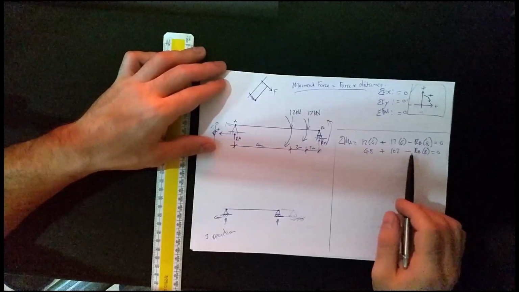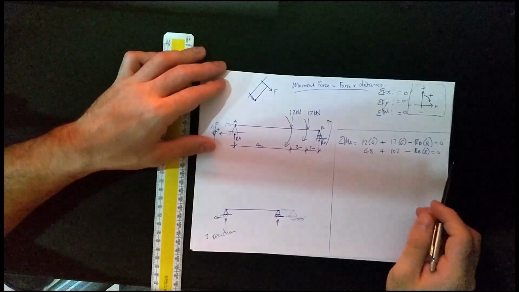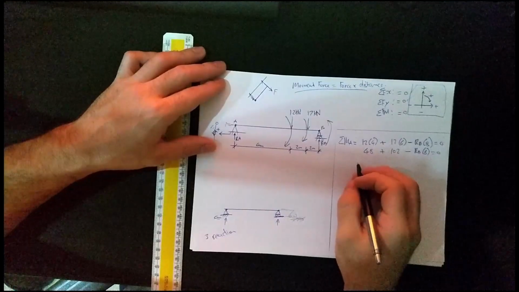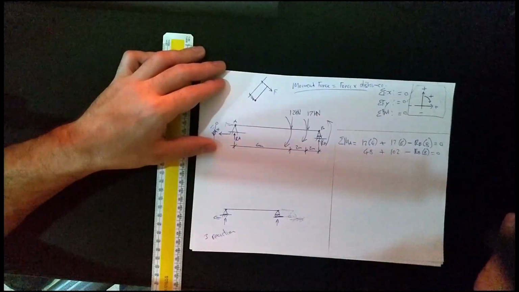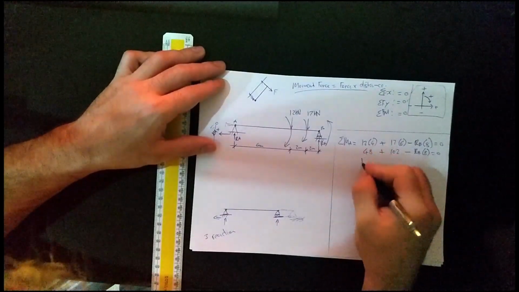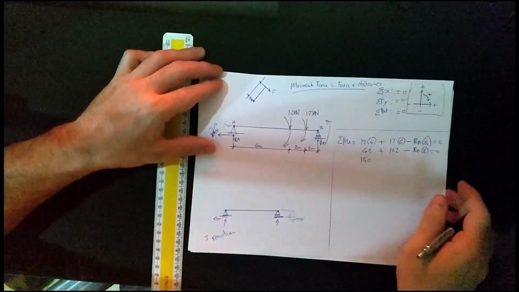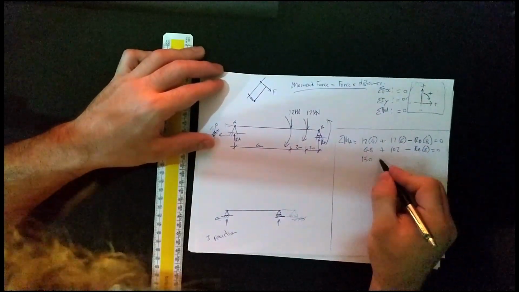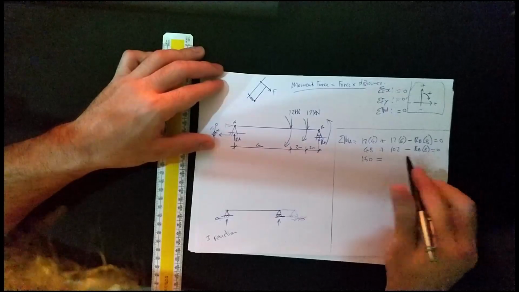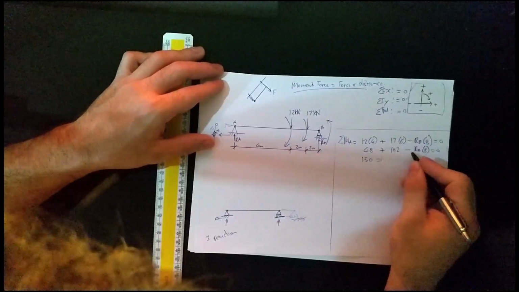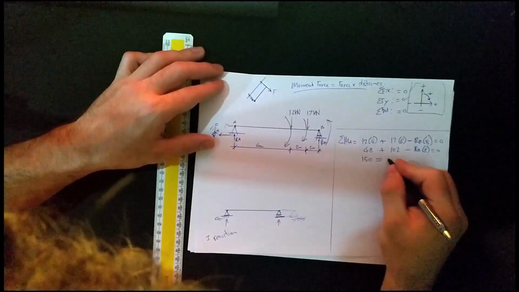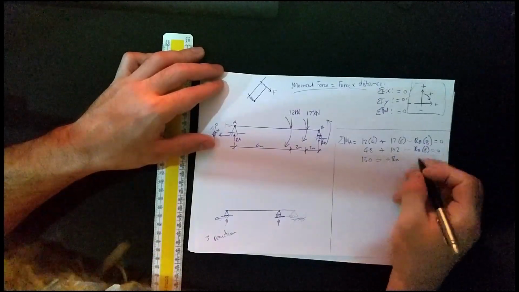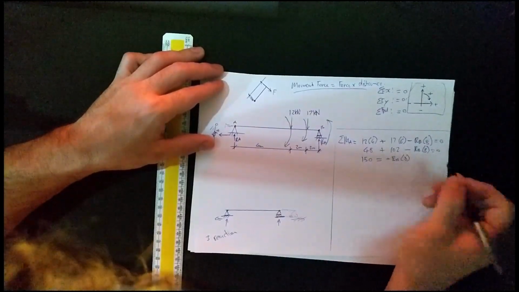Change side, change sign. So, first add these together, that comes to 150. And then we'll change the side that it's on. And it's on this side now, so we change the sign. It's now plus RB times 8.